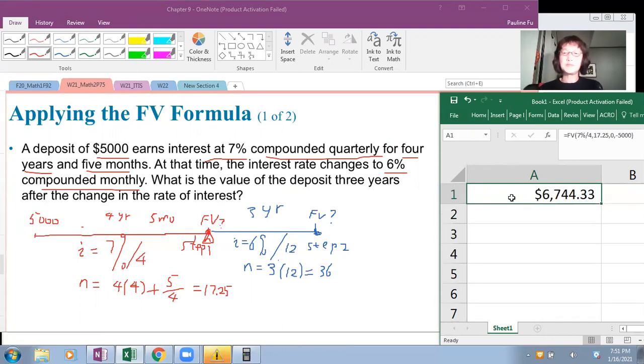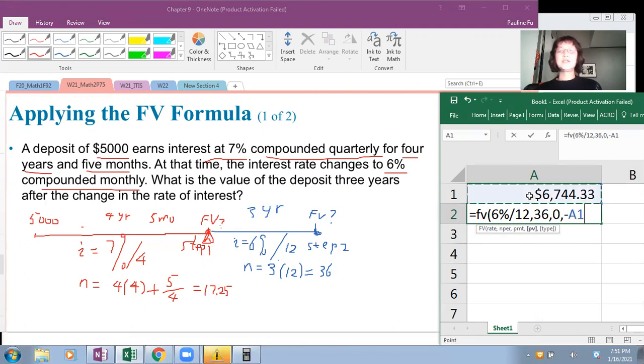So this is step 1. Step 2 equal to FV, rate is 6% compounded monthly. NPER is 36. PMT is 0. PV, this PV is this number.